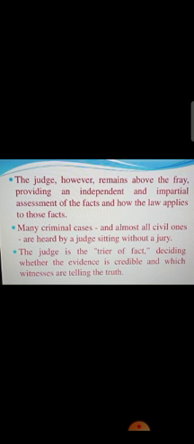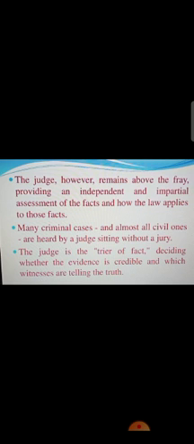The judge, however, remains above the fray, providing an independent and impartial assessment of the facts and how the law applies to those facts. Many criminal cases and almost all civil ones are heard by a judge sitting without a jury.